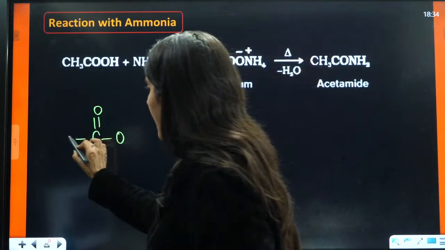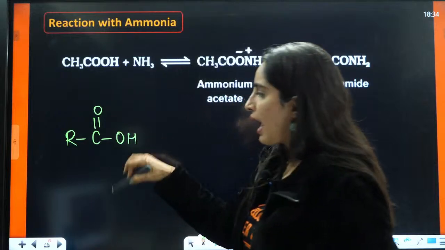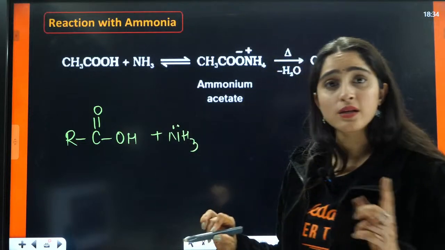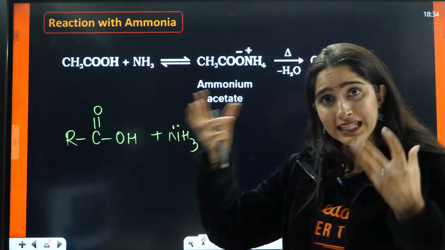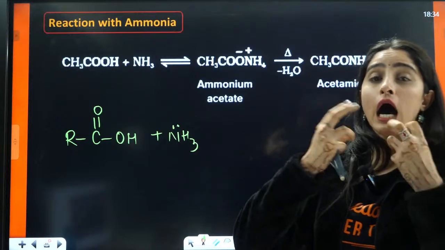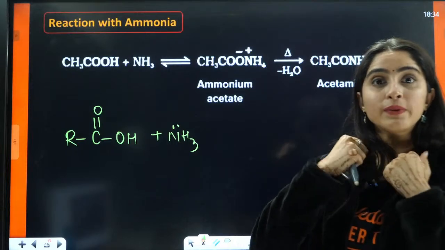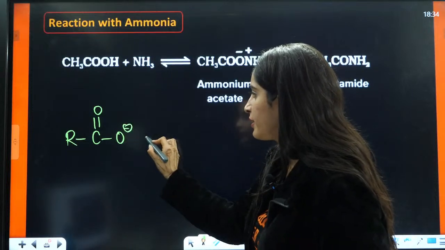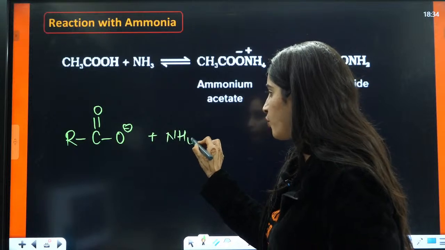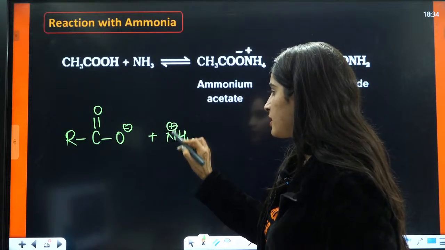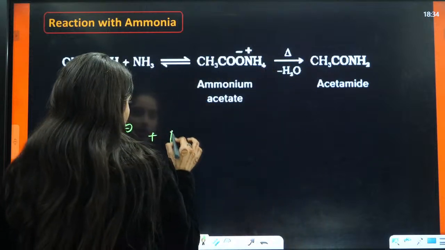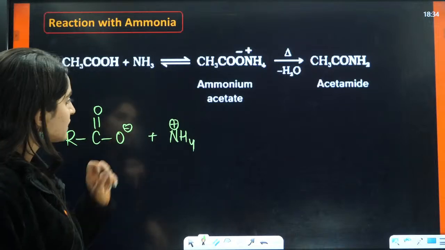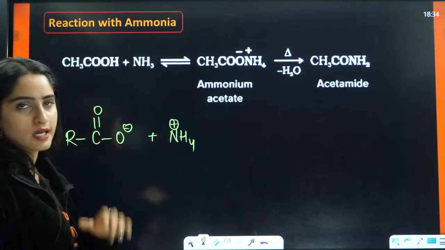So here, you had RCOOH and you had NH3. We know that ammonia is a base, so it will try to take the H positive. It will accept the proton here, and the acid will become RCOO negative, and ammonia will become NH4 positive.